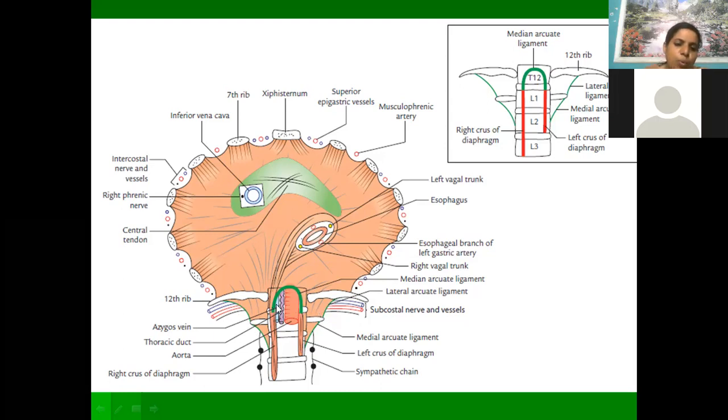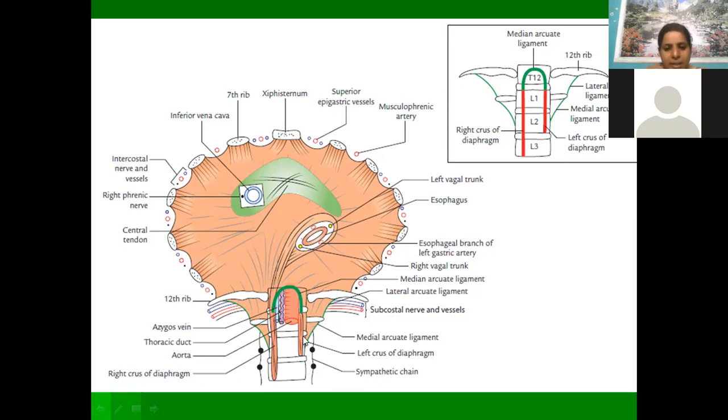So these are fibrous arches which are formed over the first lumbar vertebra like this. Okay, this green one is the median arcuate ligament, and connecting the body to the transverse process, you can see this is the body of the lumbar vertebra and this is the transverse process of the lumbar vertebra.